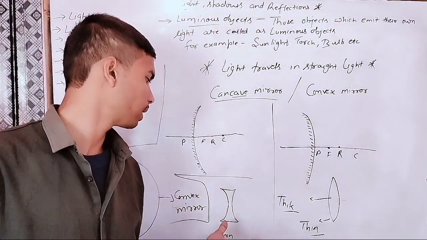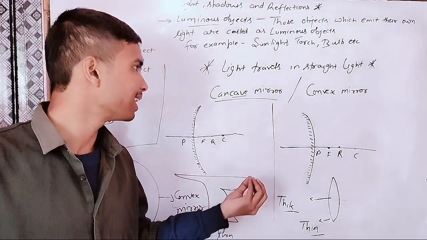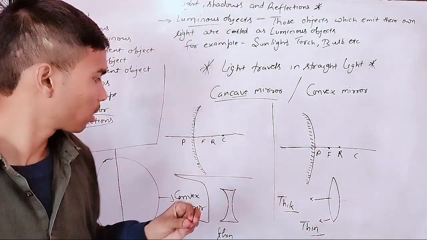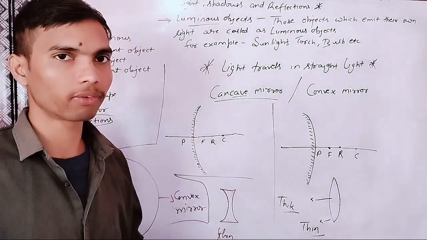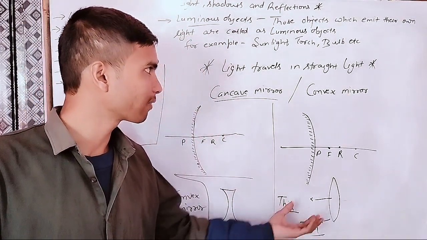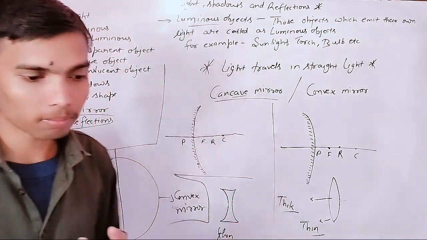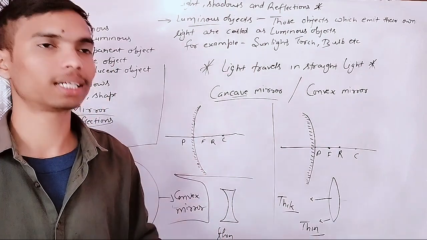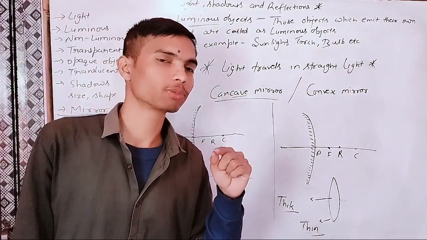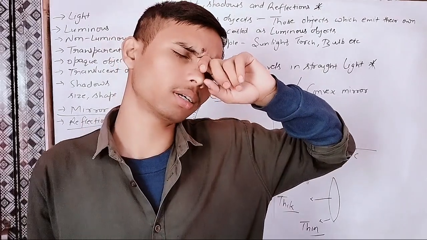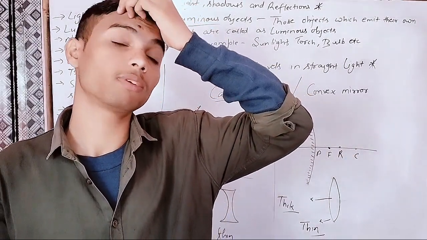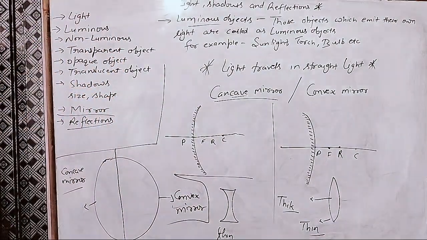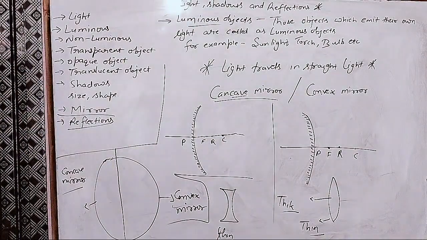If the middle area of a lens is thin, then it will be known as a concave lens. And to identify a convex lens, if the middle of the lens is thick, then it will be known as a convex lens. Got it? That's all.